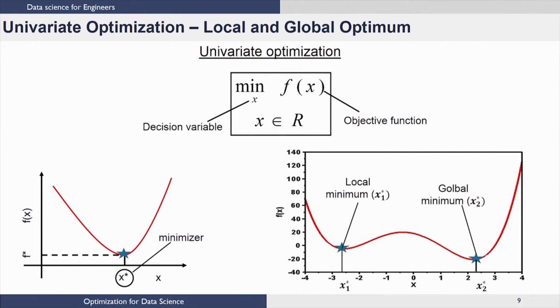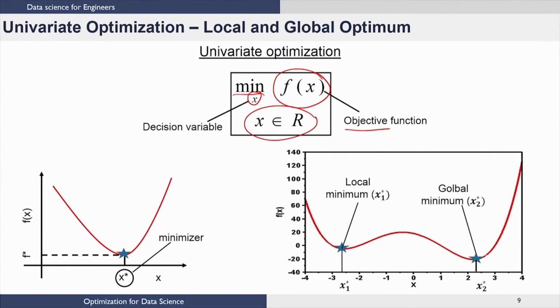So, when you look at this optimization problem, you typically write it in this form, where you say I am going to minimize something, this function here, and this function is called the objective function, and the variable that you can use to minimize this function, which is called the decision variable, is written below like this here, x, and we also say x is continuous, that is, it could take any value in the real number line.